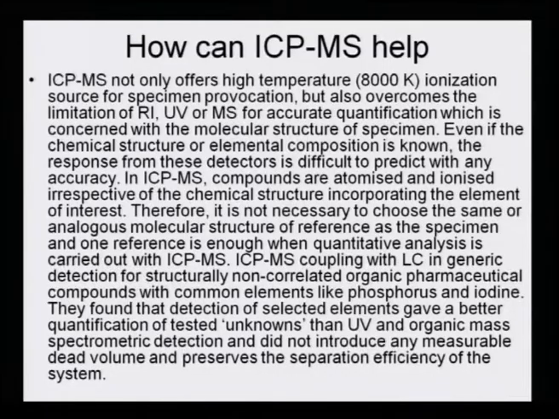ICP-MS not only offers high temperature, that is 8000 Kelvin ionization source for specimen provocation, but also overcomes the limitation of RI, UV and MS for accurate quantification, which is concerned with the molecular structure of the specimen. Now, what happens is that some molecules are UV active, so they will be detected by UV.